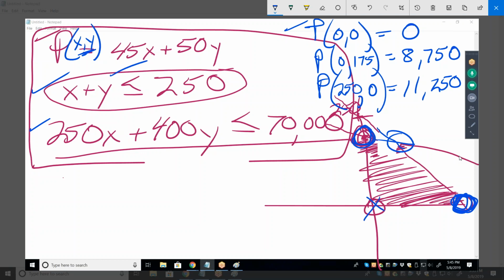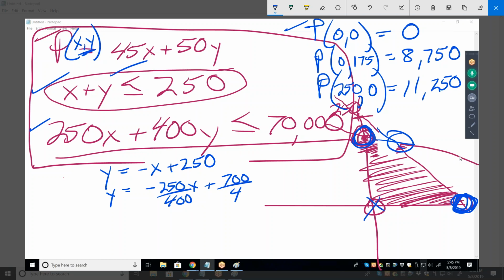All right, so I've got y equals -x plus 250. That's right. Down here I got y equals -250x over 400 plus 700 over 4, which is 175.